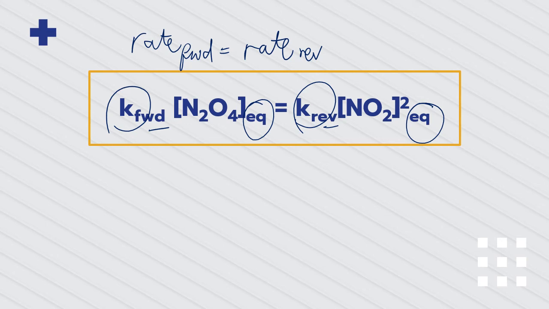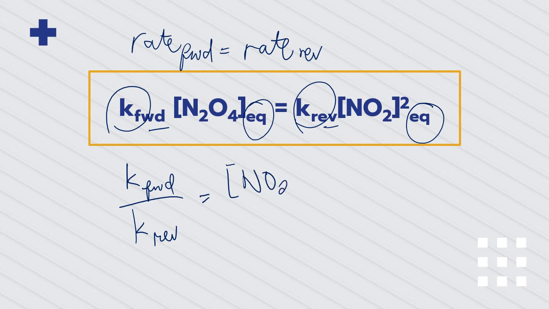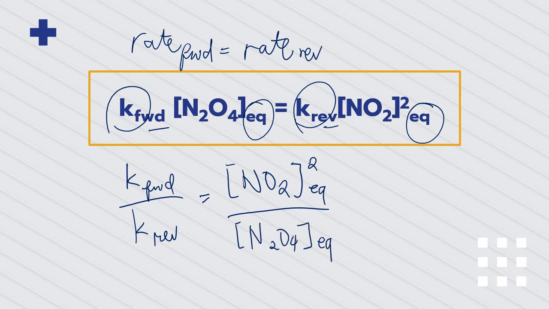So rearranging, you'll have this. k forward over k reverse is equal to the concentration of NO2 raised to 2 at equilibrium over the concentration of N2O4 at equilibrium.